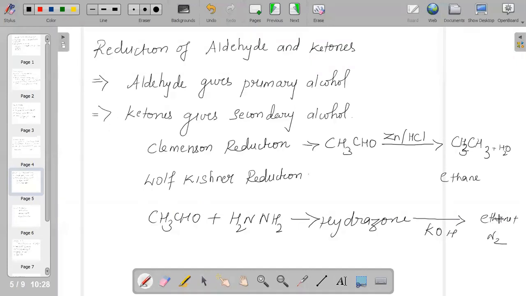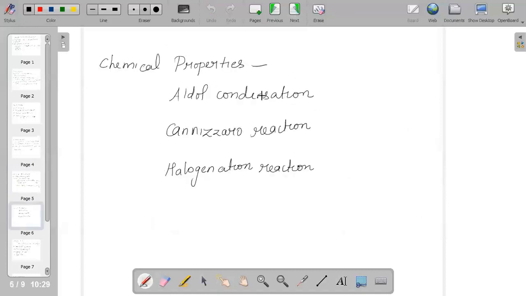You can also get it from an aromatic ketone, that is acetophenone. When it reacts with hydrazine, it can give us ethyl benzene. So there are different reductions of aldehyde and ketone which will help you in getting different products.